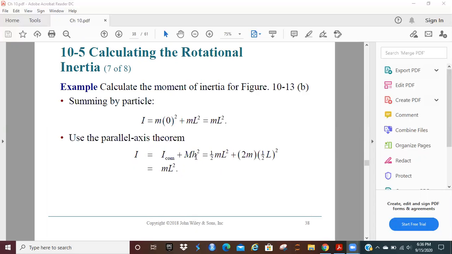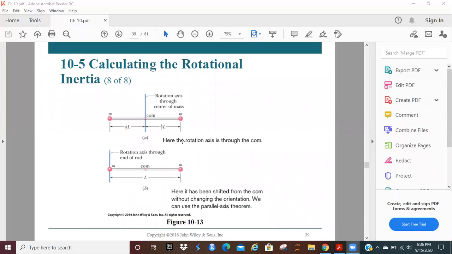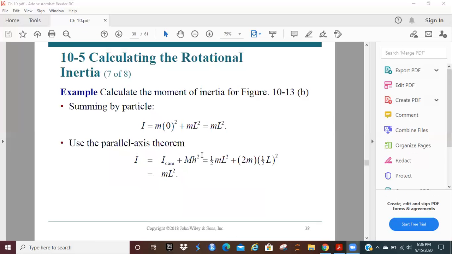Plus what we have here for these 2 points and how far away they are from this axis. And then you can put all of that together and you come up with the same thing. So by using the parallel axis theorem, we come up with the same thing as if we sum it by particles. Sometimes it's a little bit easier to use that, other times maybe not, but it's always something to keep in your back pocket.